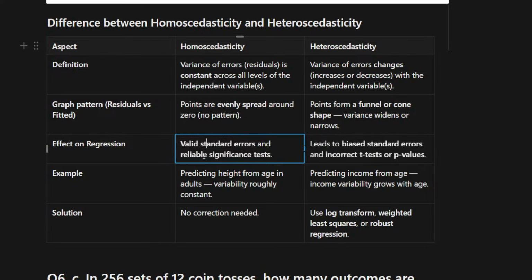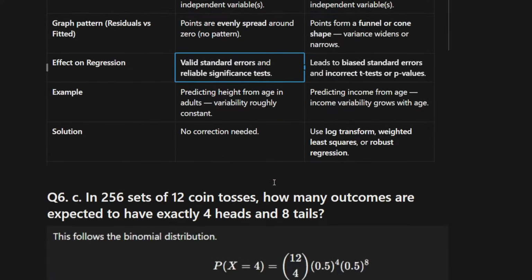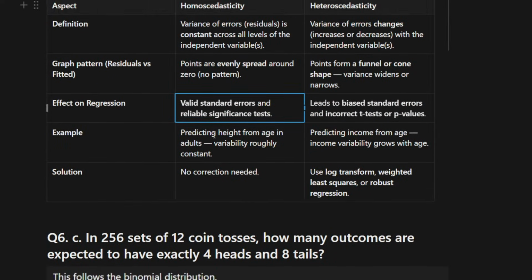So if the data set is homoscedastic, the model trained will produce reliable outputs. That is not the case with heteroscedasticity. And examples: predicting height from age in adults.